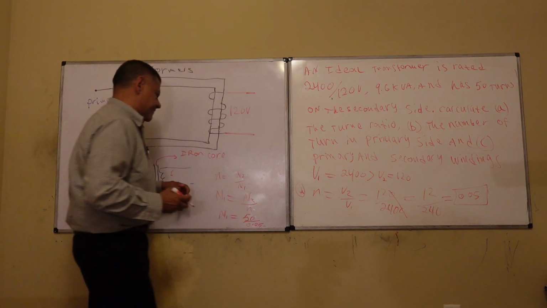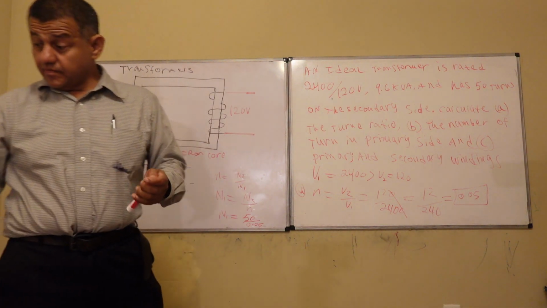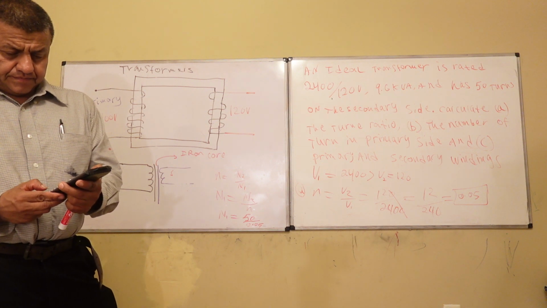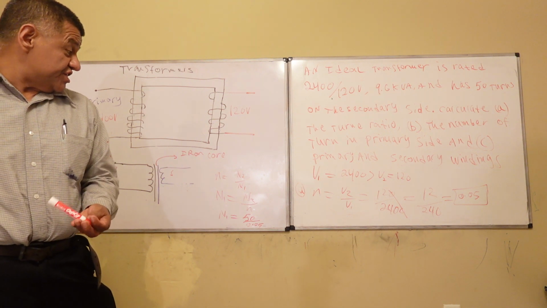And of course, let's take 50, and it's equal to 1,000 turns.